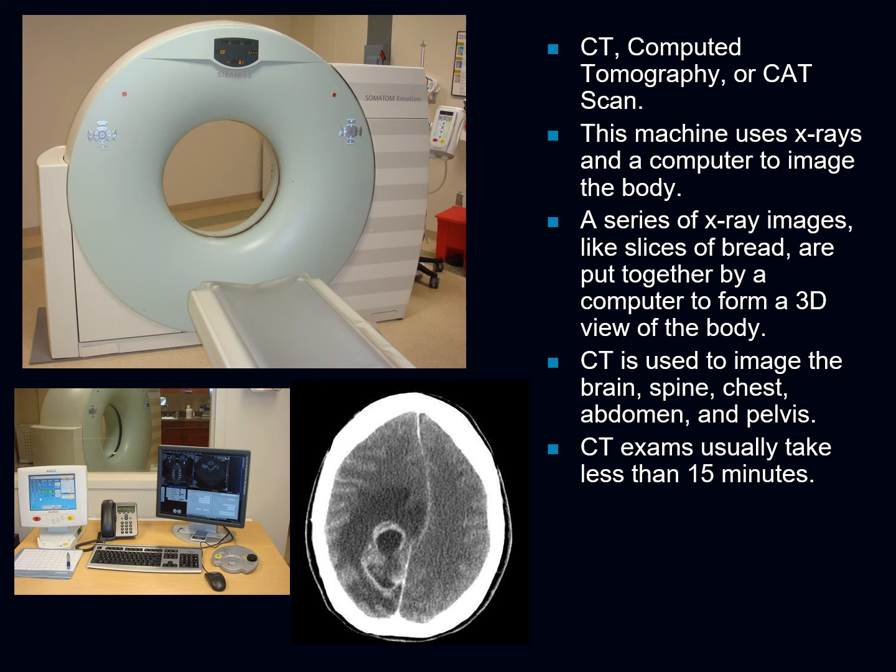It can also perform advanced imaging, such as looking at blood vessels in the head, abdomen, and the heart. Due to its ability to create accurate images in a short amount of time, CT is often used during trauma situations. A series of X-ray images, like slices of bread, are put together by a computer to form a 3D view of the body.